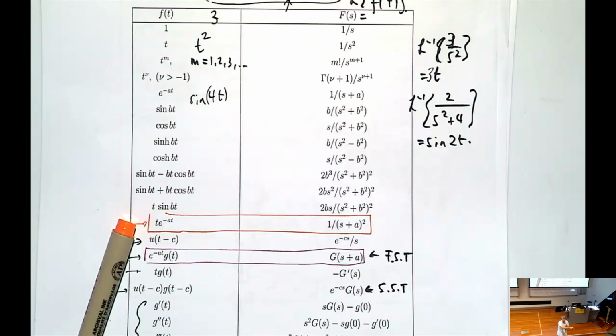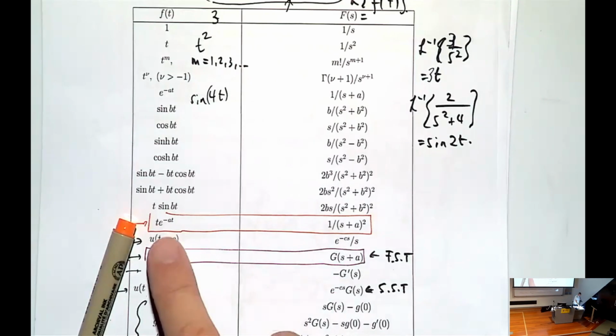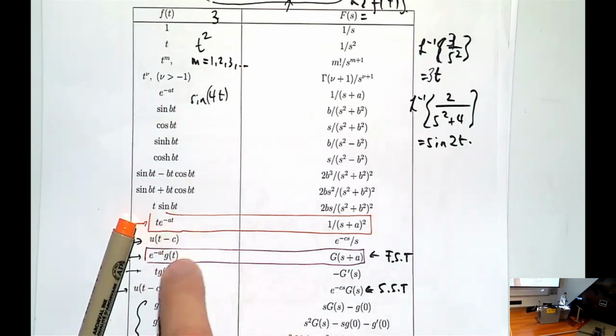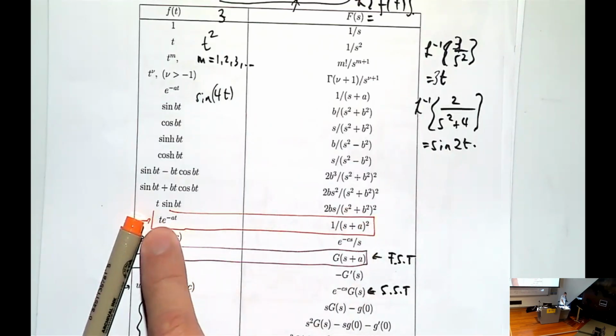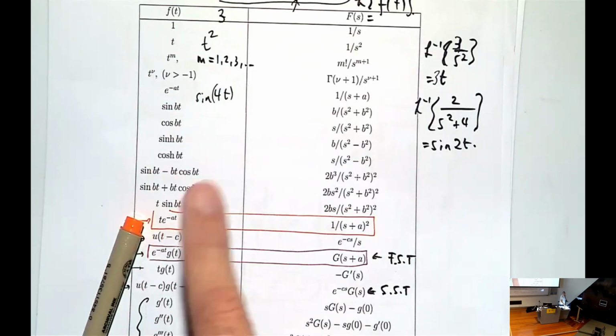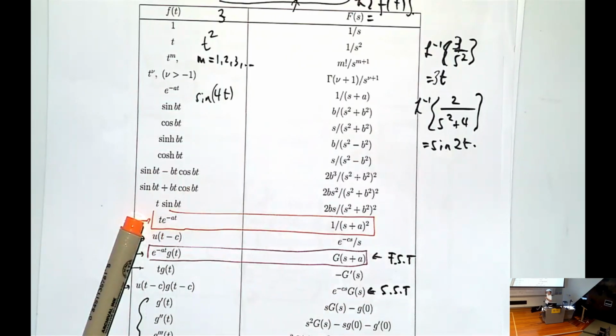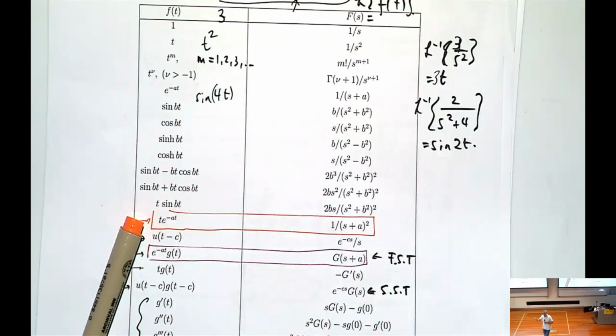T. Okay, so if we were given this thing, and I mean, we already have the transform there, we would forget about the exponential and we would look at the t function and compute the transform of t. What is the transform of t according to that table? 1 on s squared.